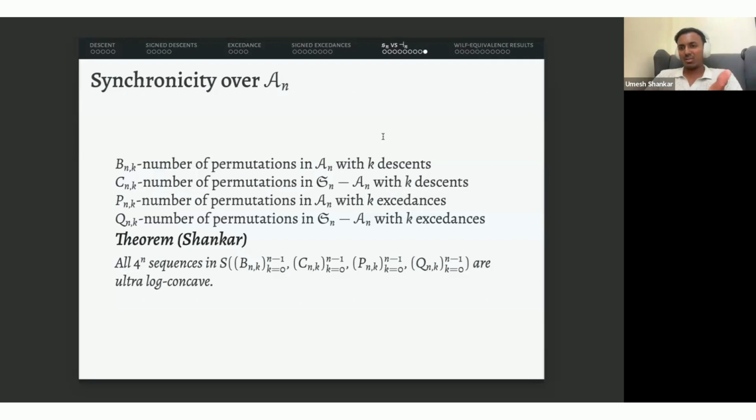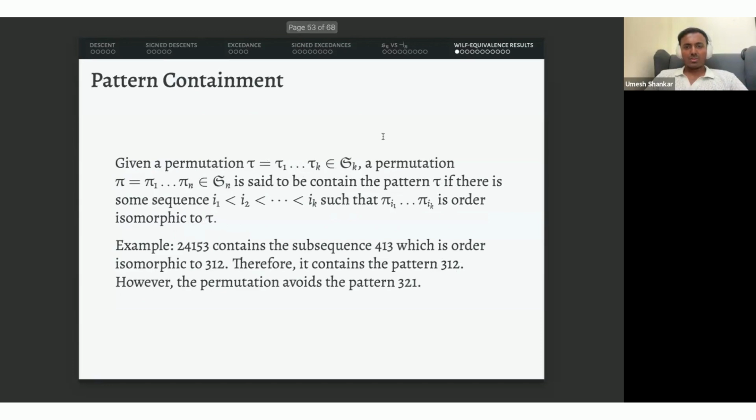So we have shown that they are ultra log concave, which in some sense supports the real rootedness of these polynomials. Now I want to take a look at some pattern avoidance results for the alternating group.